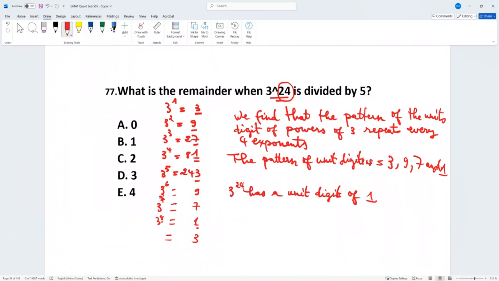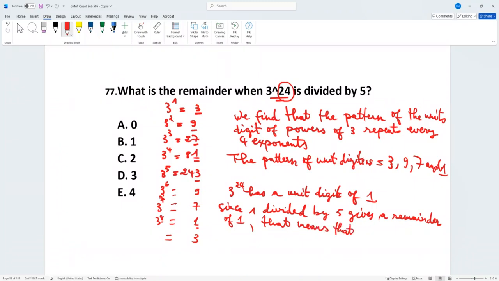Okay, so if it has a unit digit of 1, and since 1 divided by 5 gives a remainder of 1, that simply means that the remainder of 3 to the power 24 divided by 5 is also equal to 1.